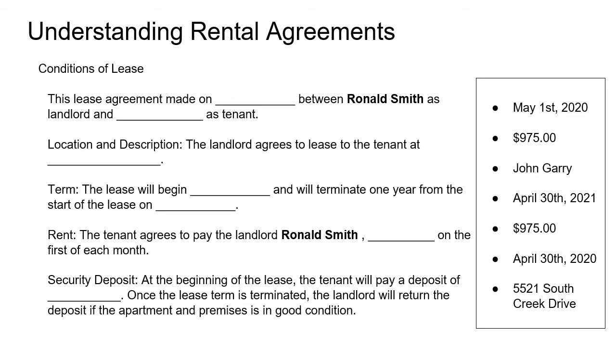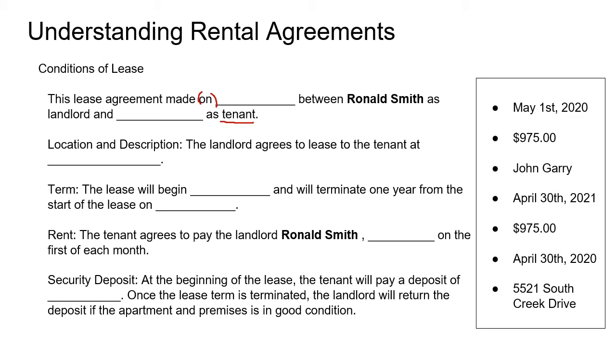Here is just an example of a lease you might see, and it's an activity so you can put in the different answers. Remember, for example, this lease agreement made on, remember that there's a date right here, between Ronald Smith as landlord, and there must be another name right here as tenant.